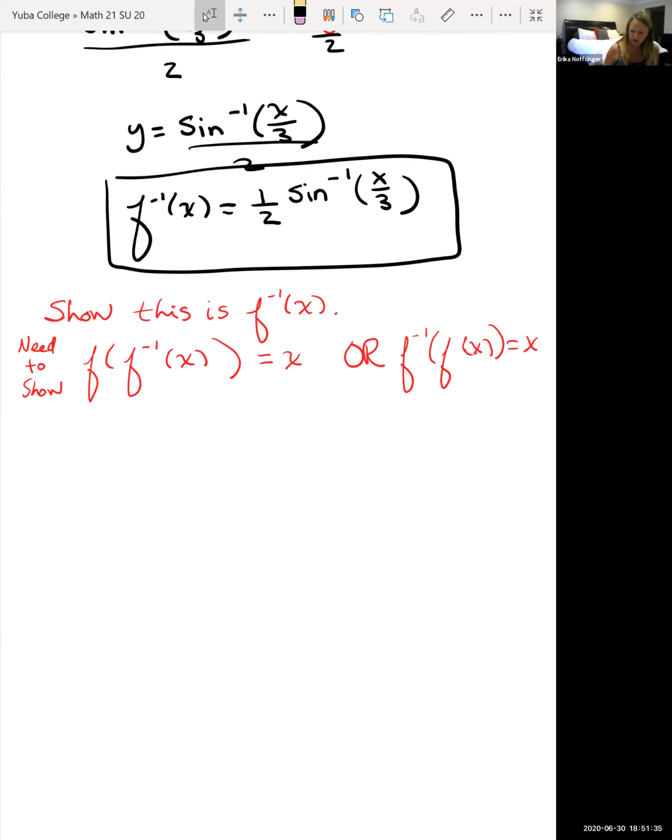So if I look at my original function, let's put a parentheses wherever we see x in the original function.